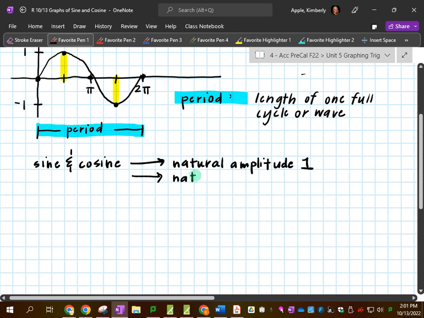And their natural period, how long does it take these to cycle? 2 pi radians, or in degrees, 360. One full rotation around the circle we interpret as one full cycle of the wave. That's 2 pi radians. These are general things that we will need to know later.